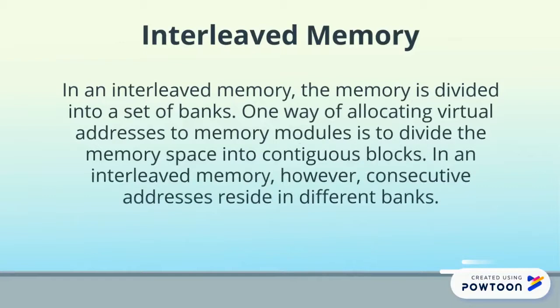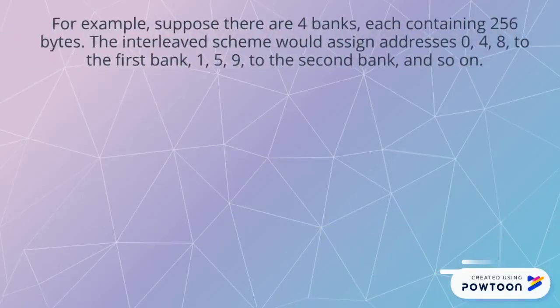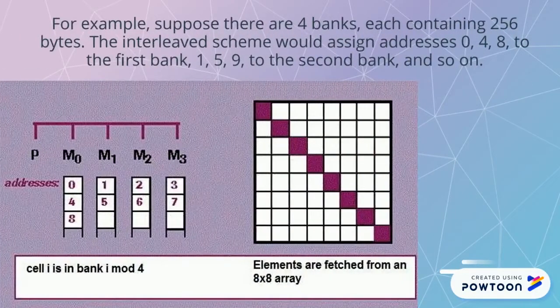In an interleave memory, however, consecutive addresses reside in different banks. For example, suppose there are 4 banks, each containing 256 bytes. The interleave scheme will assign address 0 to the first bank, address 1 to the second bank, and so on.